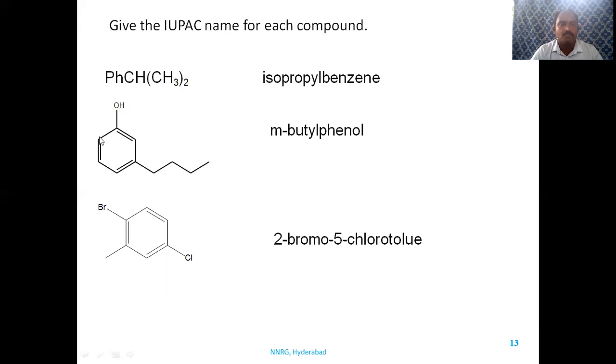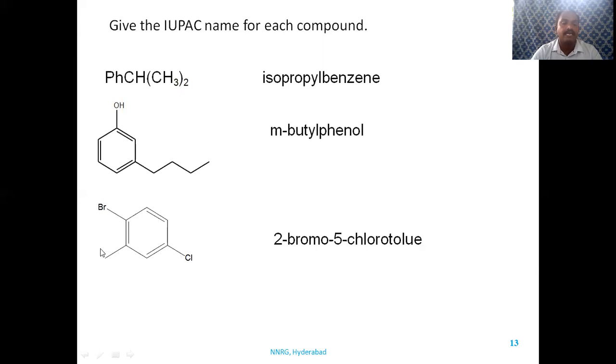So what is the name of this molecule? How can you name this molecule? We know that it is a phenol, and at the meta position you have a butyl group, so it is meta-butyl phenol. What is this molecule's name? If you see halogens and a methyl group, which should be given the highest preference?